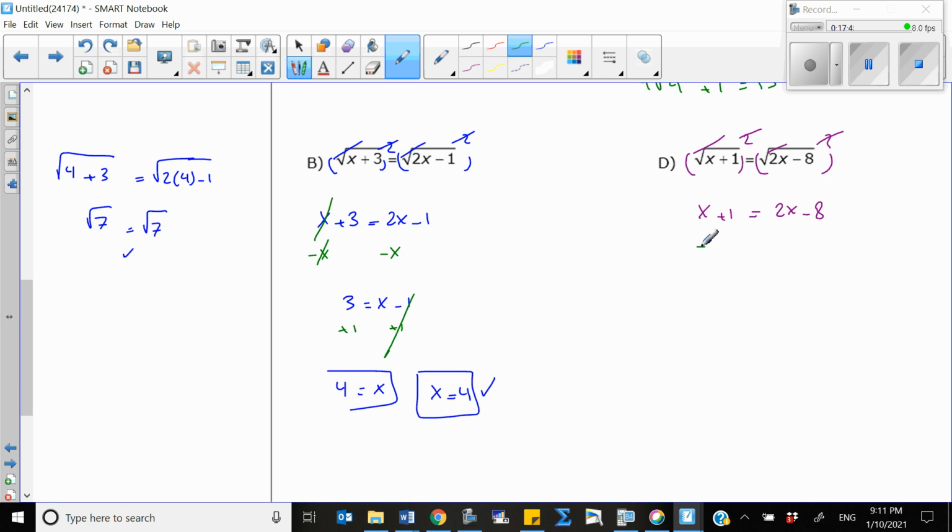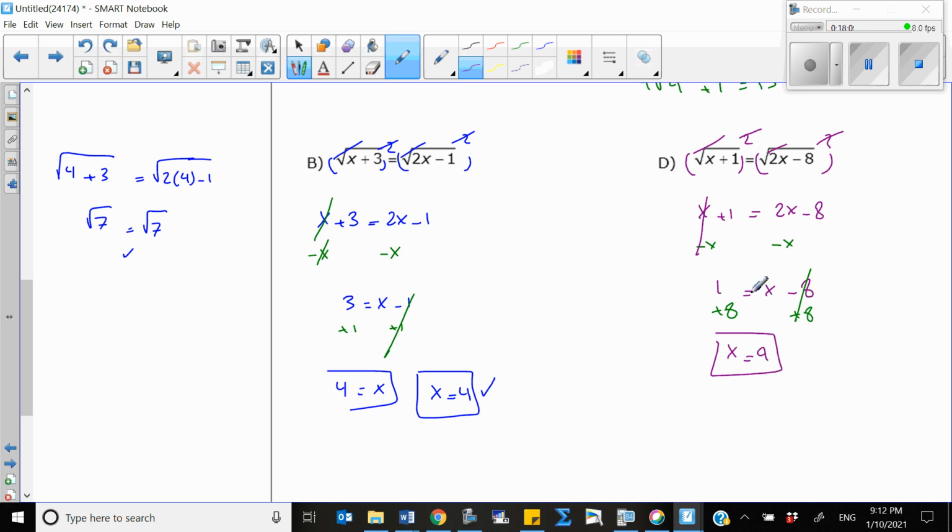Again, just simply subtract x from both sides, and 1 equal to x minus 8, and then I'm going to add 8 because I want to have the x by itself on one side, and it will be x equal to 9.